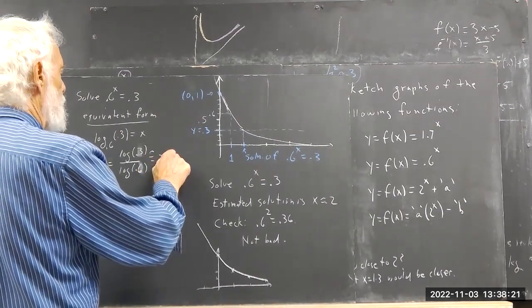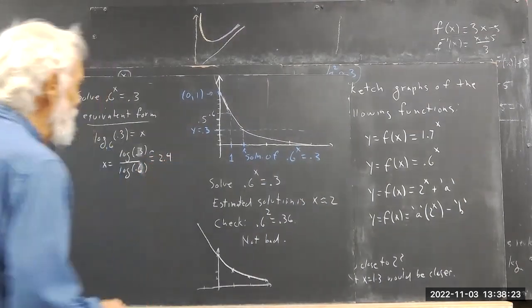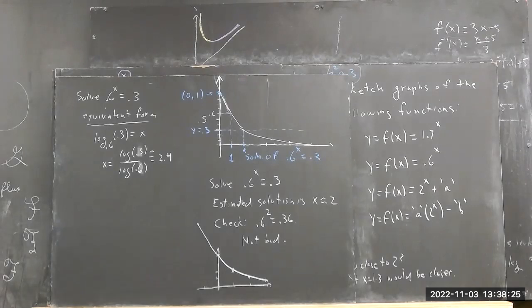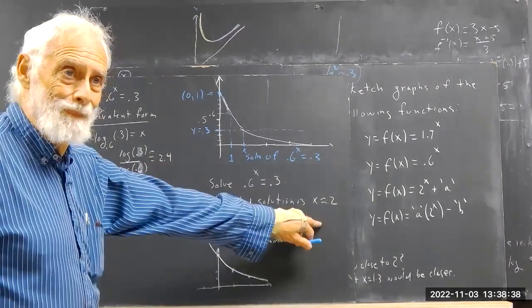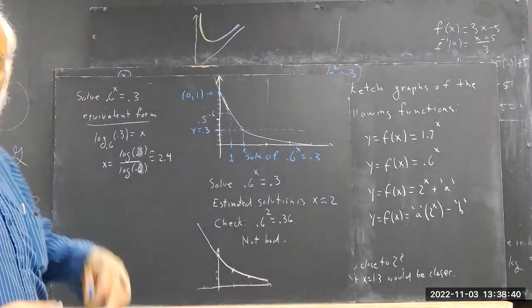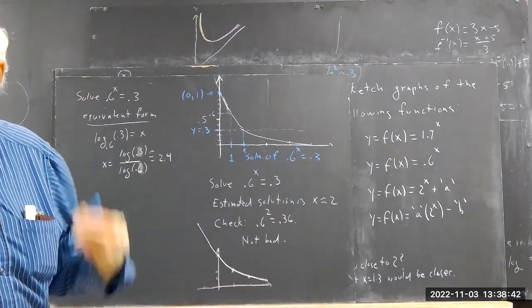Like 2.35 or 2.36. Probably rounds off to 2.4, so I'm just going to use 2.4. So we estimated 2. Our actual was between 2.3 and 2.4. Okay.